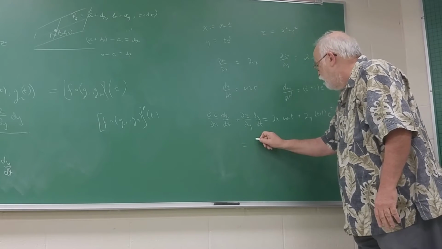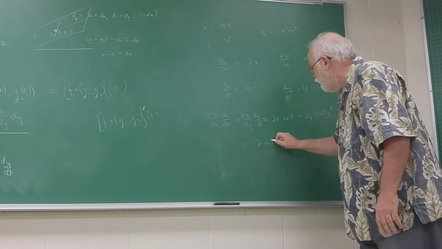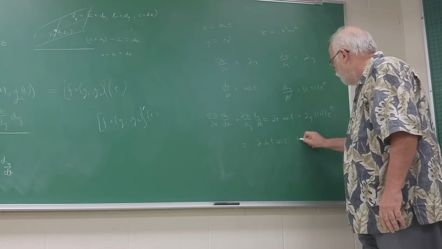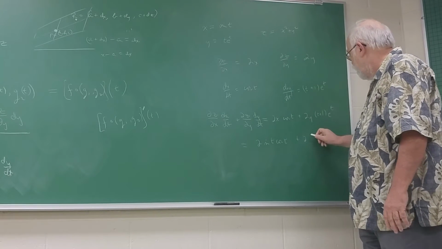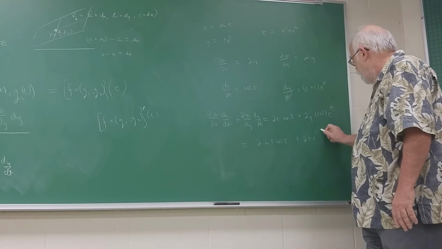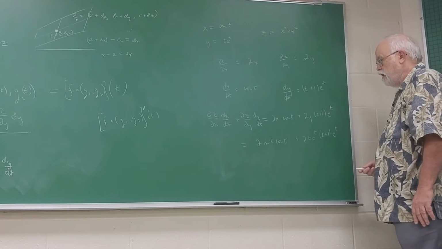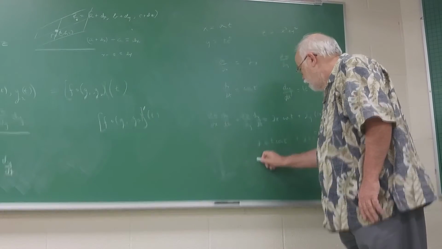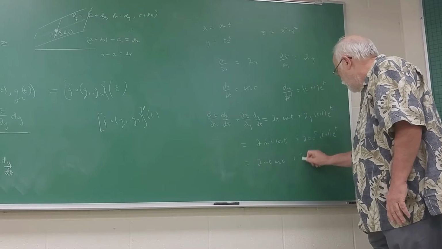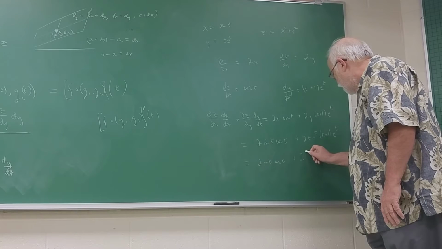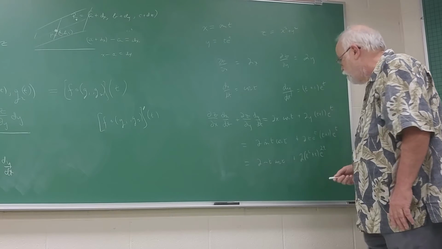So x was sine t, so this will be 2 sine t cosine t plus 2y, y is t e to the t, so 2t e to the t times t plus 1 times e to the t. Well, yuck, I can simplify that: 2t squared plus t e to the power 2t, right?